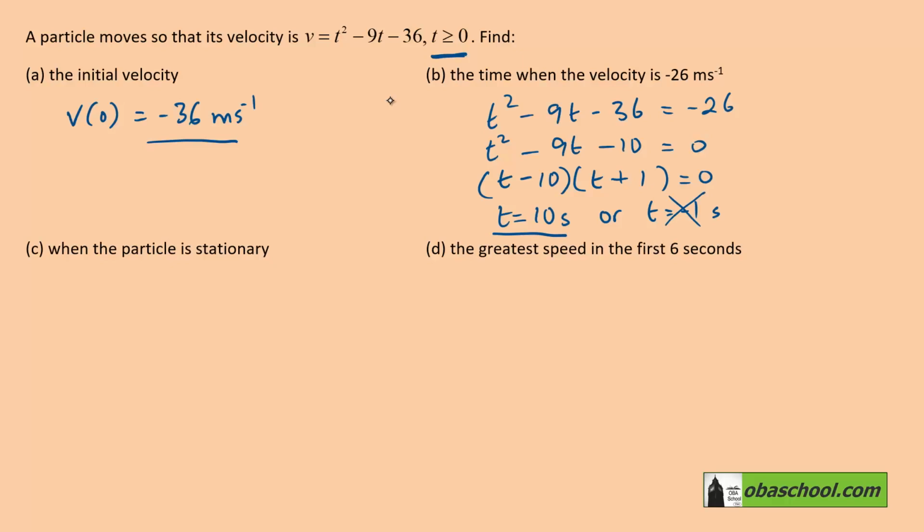When the particle is stationary, so that's t squared minus 9t minus 36 is equal to 0. So we can factorize this one.